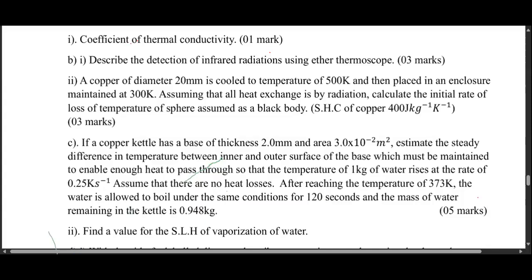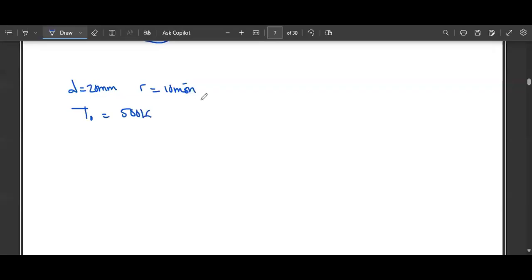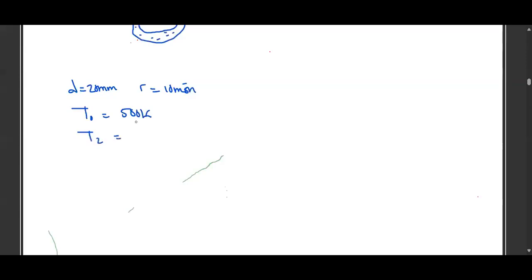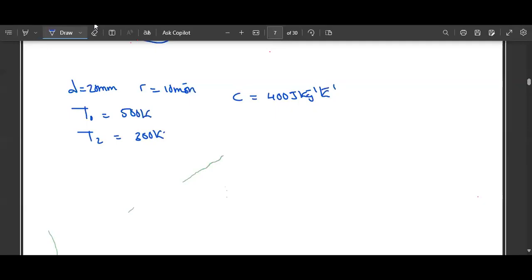So now our initial temperature of the copper is 500 kelvins. Then the temperature of the surrounding is 300 kelvins. Our C for the copper material is 400 joules per kilogram per Kelvin, that is the specific capacity of the copper.